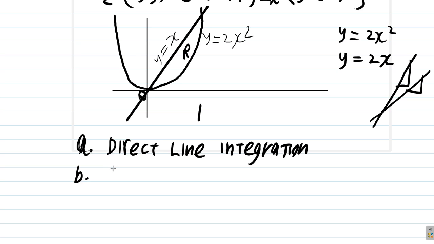Part B, later on, we will use Green's theorem. Alright?